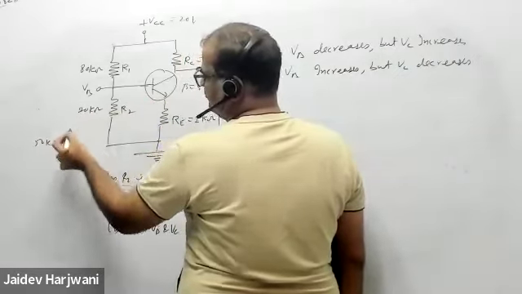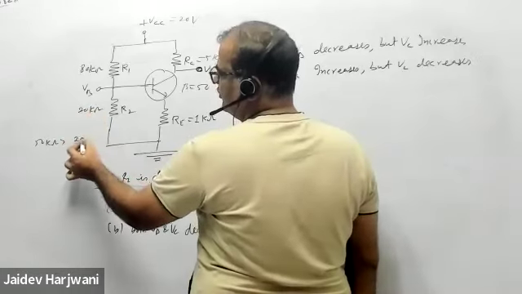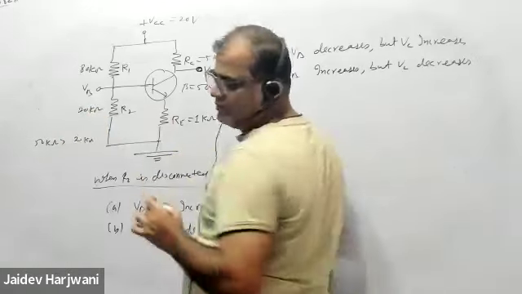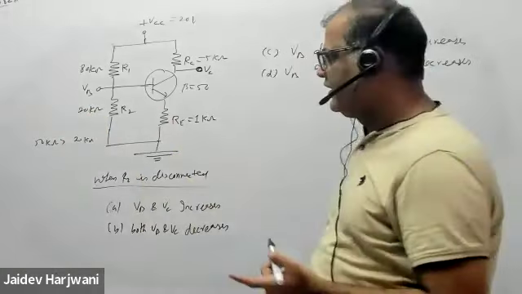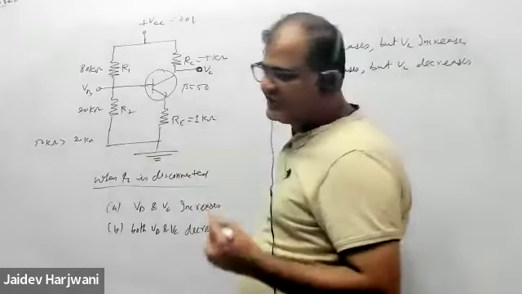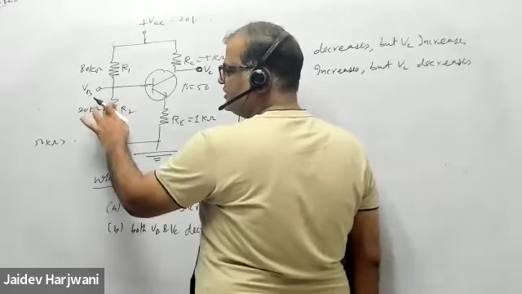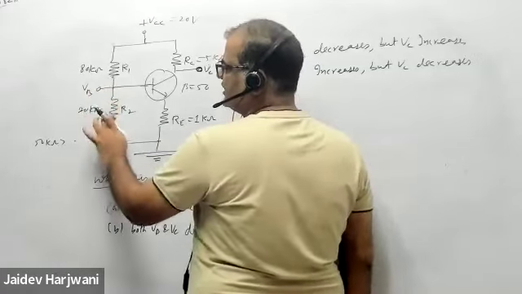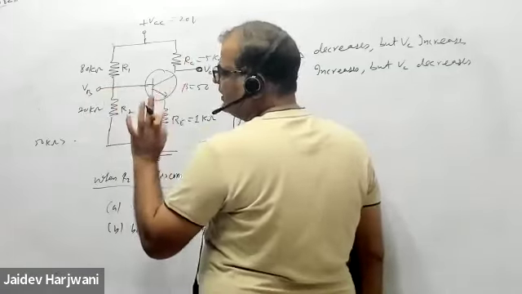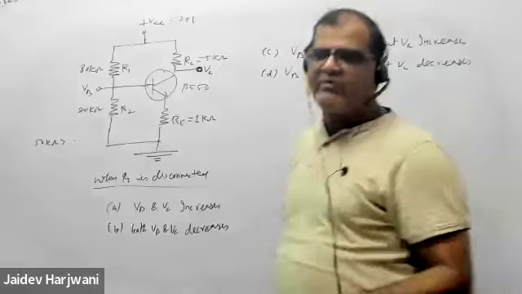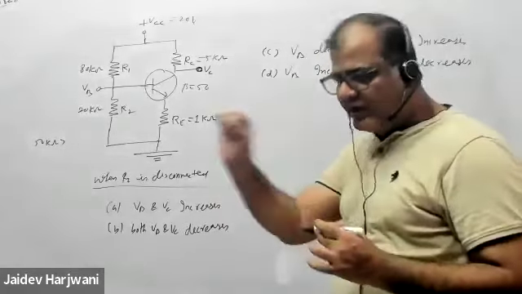That is greater than 20 kilo ohm, but not 200 kilo ohm. Always for safety, we check. If this resistance is greater than that resistance, then obviously this current is greater than IB. But if you do the calculation, the answer will not come accurately.